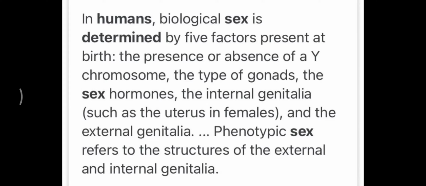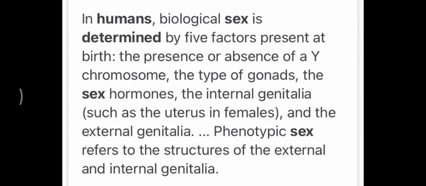But when you talk about the sex determination mechanism in human beings, it is determined by chromosomes. So, genetically we are determining the sex of the newborn.